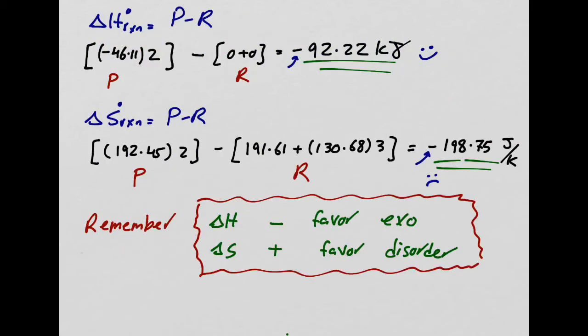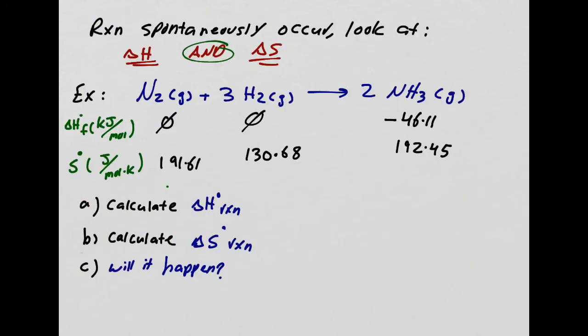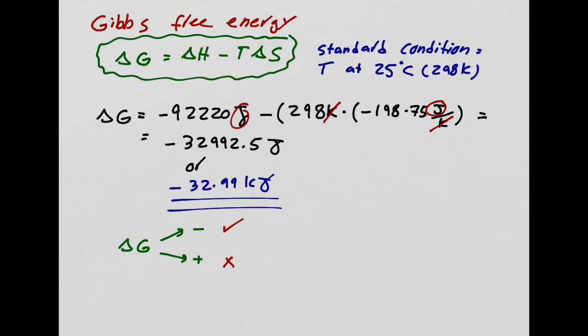The answer is yes, because our delta G was negative. So when do you use this Gibbs energy? Gibbs energy looks at the balance between delta H and delta S. We had one favored, one not favored, so we had to figure out what the answer would be. All right, so far so good?